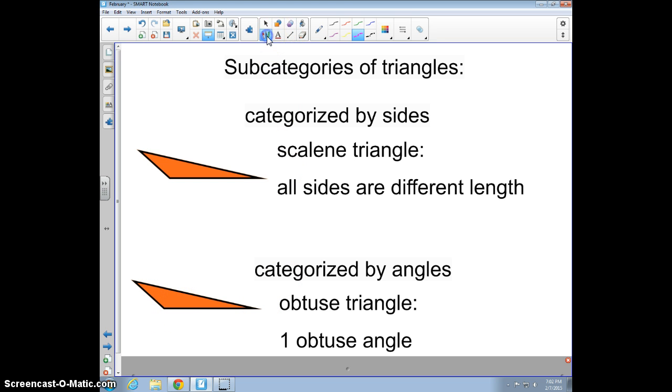And again, to review angles, an obtuse angle is an angle that's larger than 90 degrees. So we'll just call this right here a 90-degree angle, right? And so an obtuse is even bigger. It's a larger angle than a 90-degree right angle. Okay? So if a triangle has one obtuse angle, then it's called an obtuse triangle.